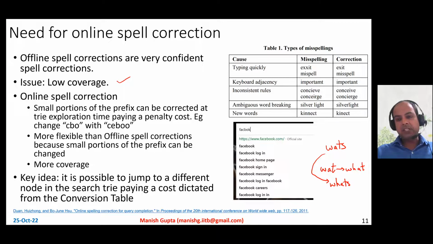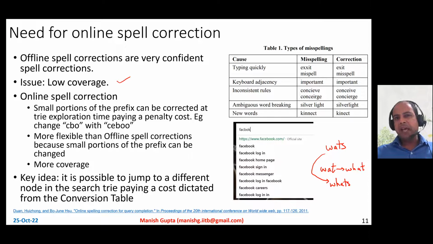Offline spell correction can do only a certain level of things. It can work on full queries, but it can't work on incomplete prefixes, right? So a mechanism which works on incomplete, short prefixes is much more powerful and can guarantee more coverage in terms of avoiding spell correction errors.